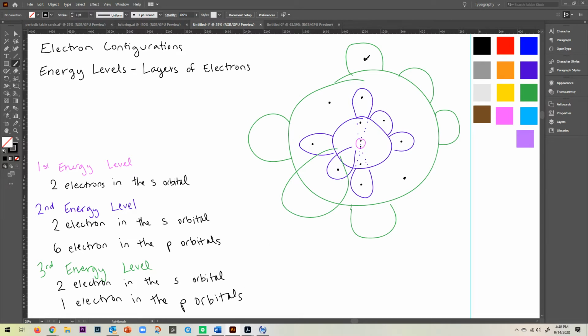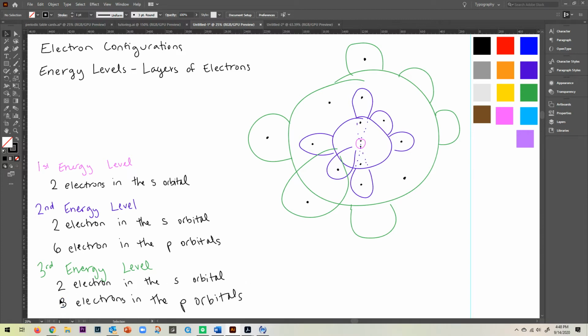So here it is. What if I wanted to add another electron? I would add it to another p orbital. Now this would be 2 electrons. What if I wanted to add another one? I would just do it to another p orbital, right? Now I have 3 electrons in the p orbitals.